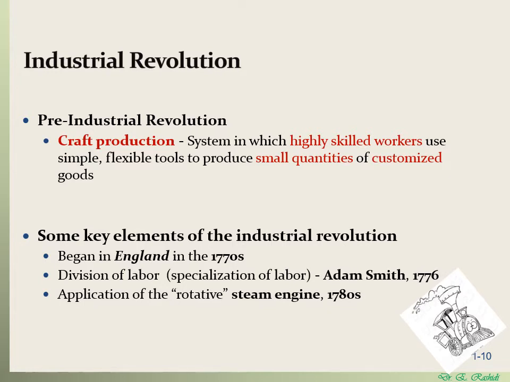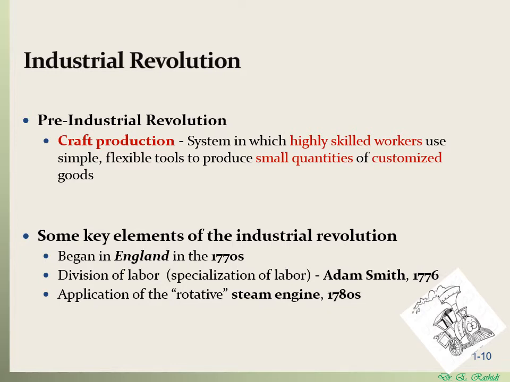The Industrial Revolution began in England in the 1770s. One of the elements that was very impactful in that era was the division of labor, which was popularized by Adam Smith. Division of labor is an economic concept that states that dividing the production process into different stages would enable workers to focus and specialize on a specific task.